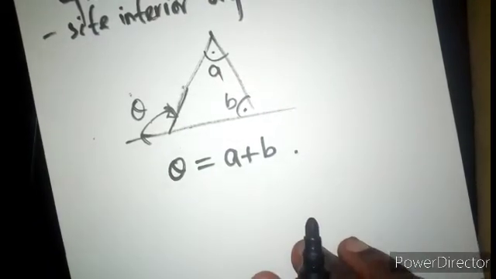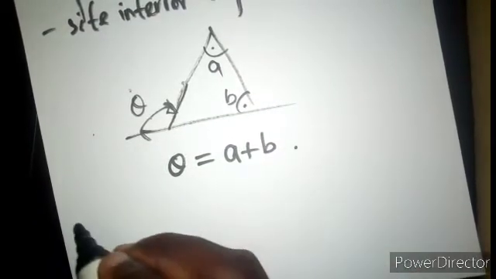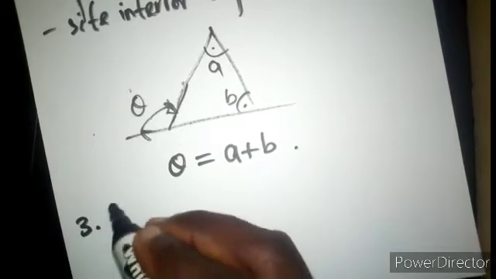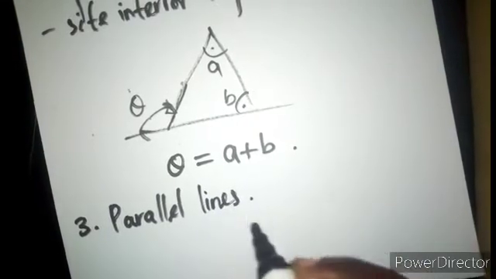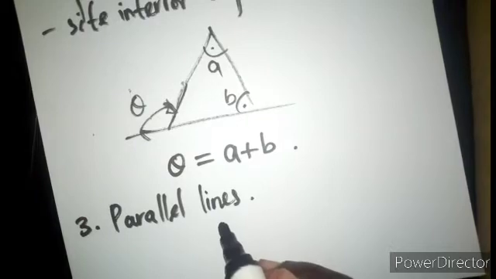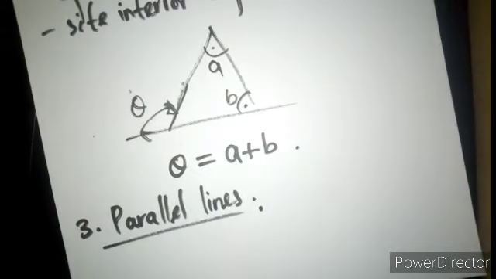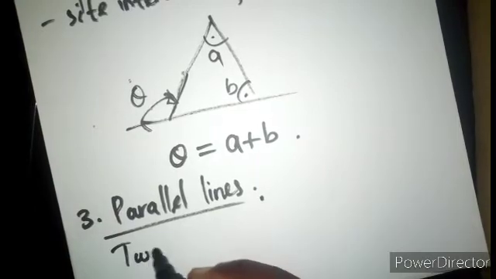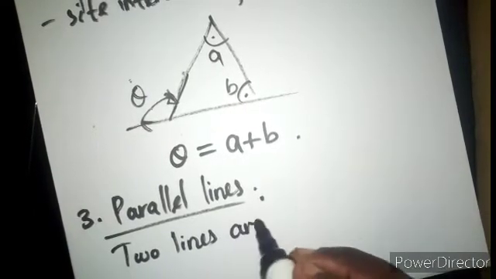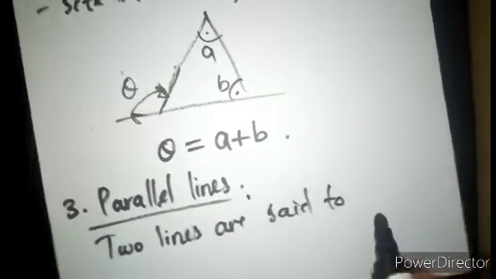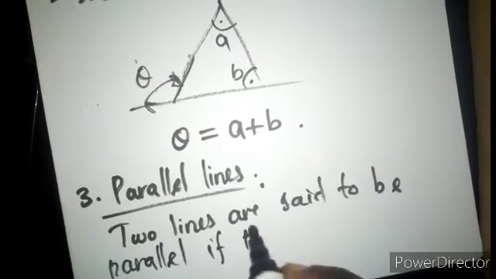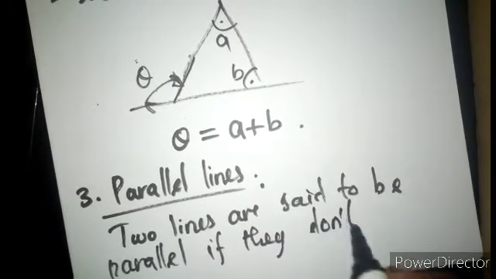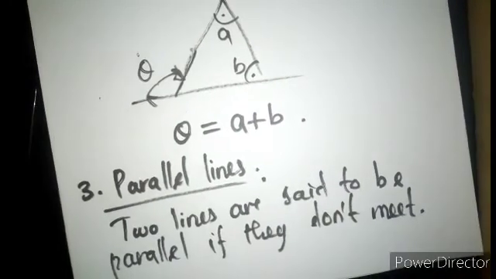Okay, good. Now, the third thing we are going to talk about is parallel lines. Two lines are said to be parallel if they don't meet. Okay, if the two lines don't meet, they are said to be parallel.